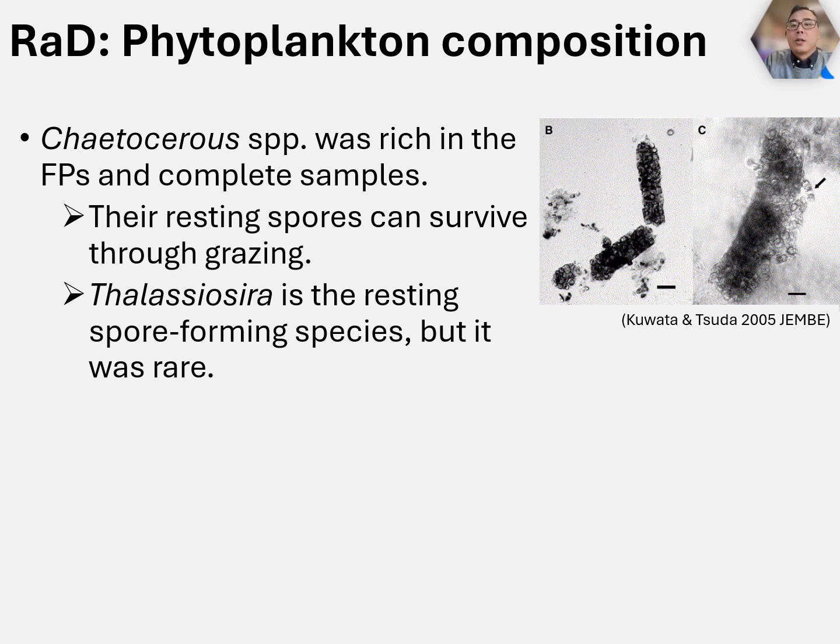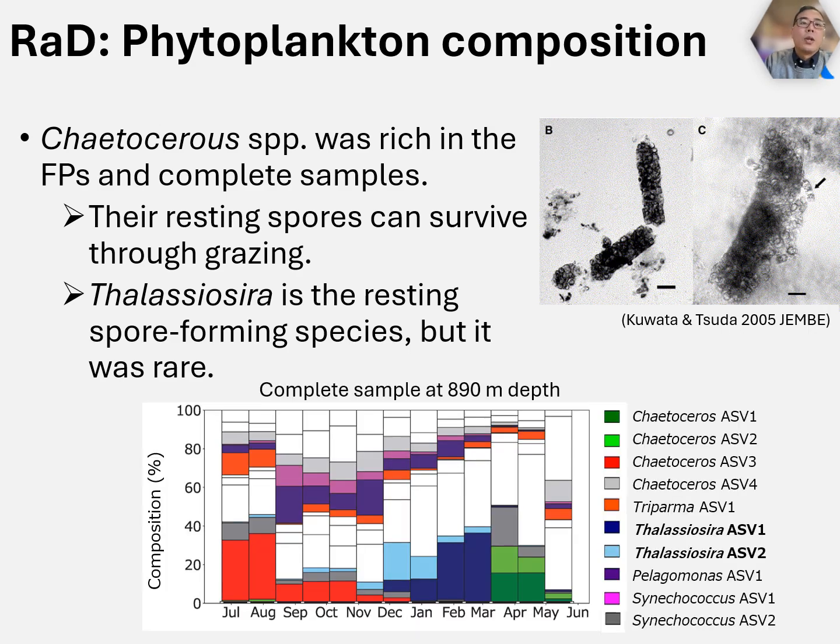However, it is known that Thalassiosira diatoms also form resting spores, but their contribution is low throughout the samples. We don't know why, but our new results show that Thalassiosira increases in the winter time, so there is a seasonality in the diatom composition.